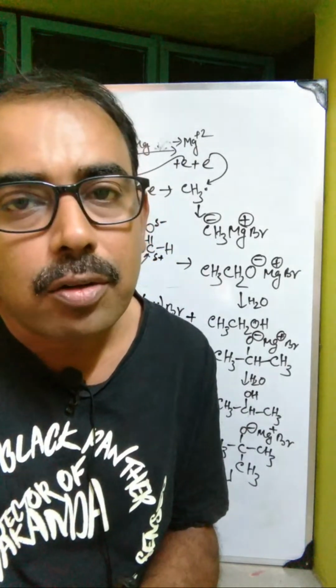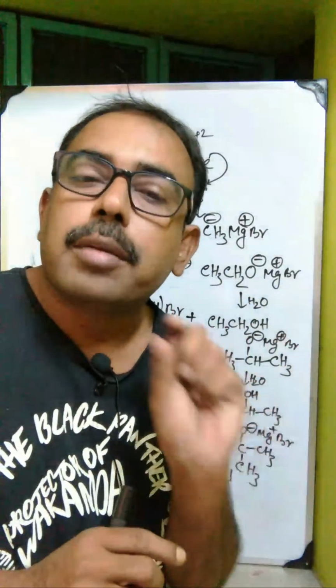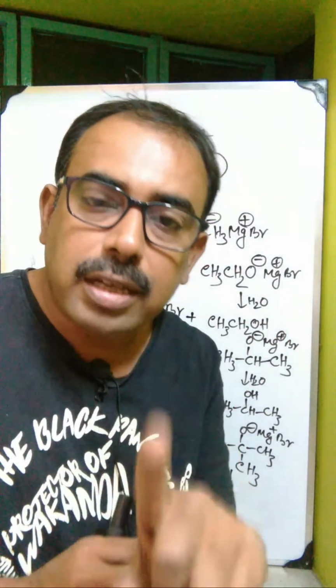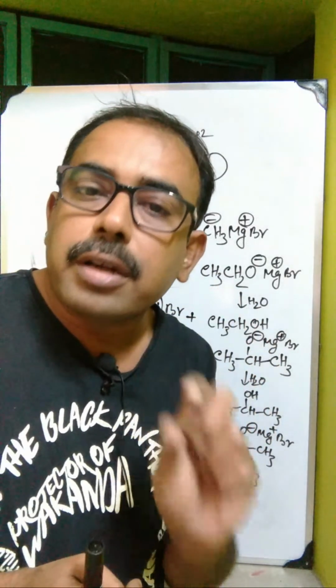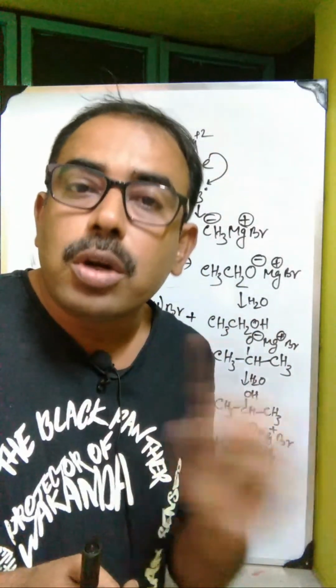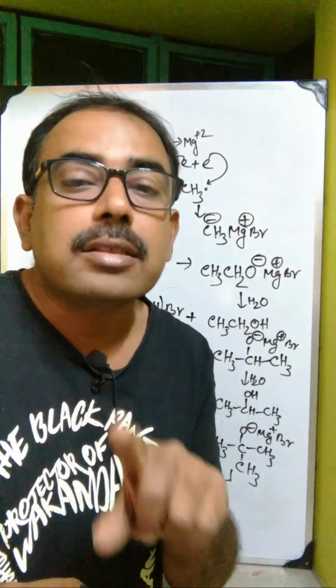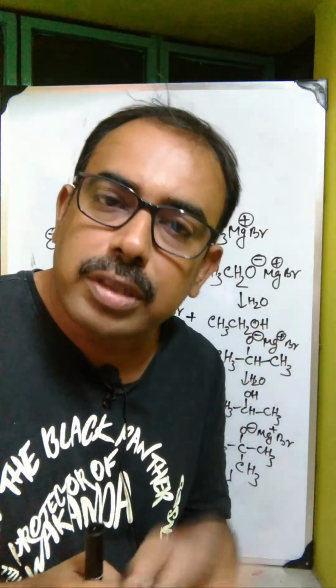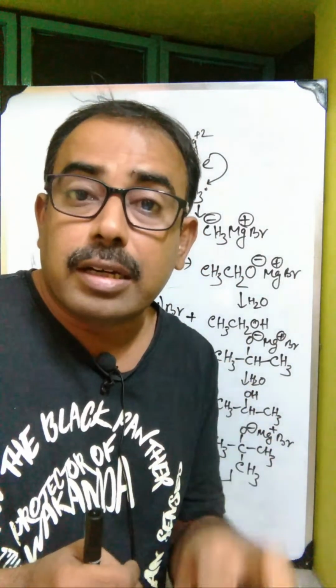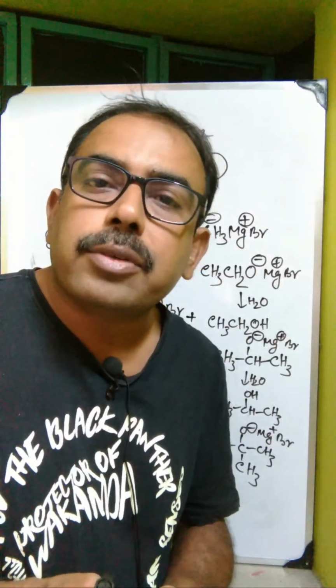A primary alcohol has the OH-bearing carbon directly bonded to a single carbon atom, a secondary alcohol has it bonded to 2 carbon atoms, and a tertiary alcohol has it bonded to 3 carbon atoms.